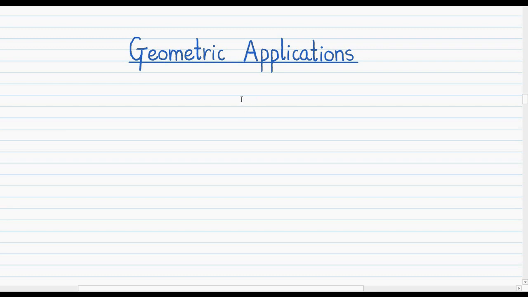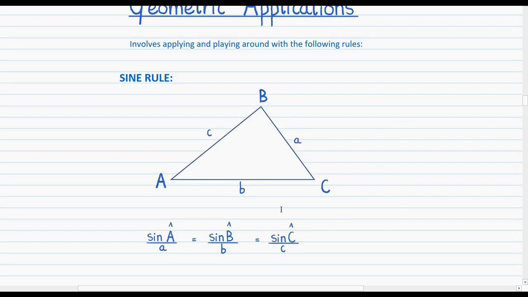So starting off, an important thing to note is that the questions will most of the time involve working and playing around with the following rules. First of these is the sine rule, which says that for any basic triangle with vertices A, B, and C, and not necessarily any right angles or anything.